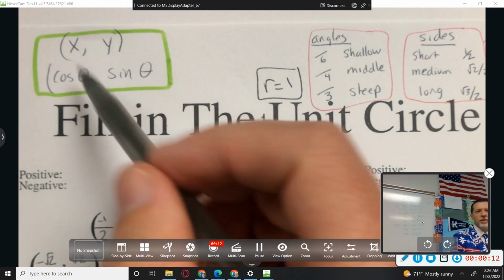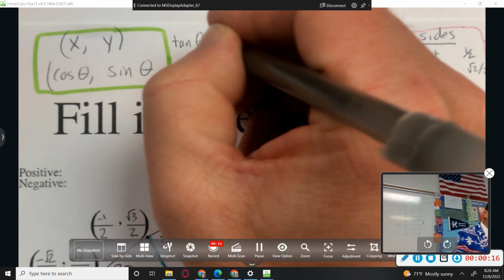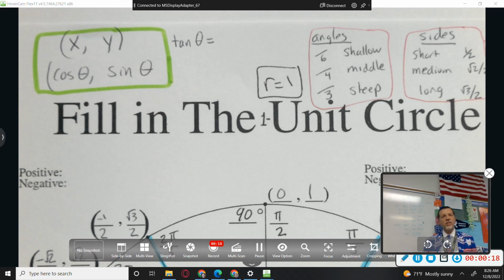Alright, cosine goes with x, sine goes with y, but there's other trig ratios we need to know about, like tangent. Do you remember how we found tangent when it was on a plane, like when we had a point? Do you remember what values we used to find tangent?